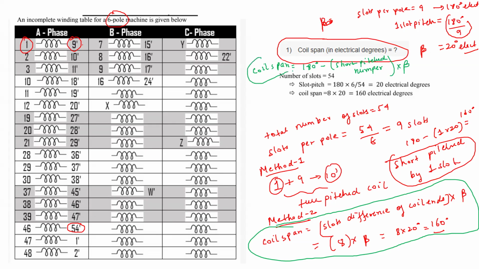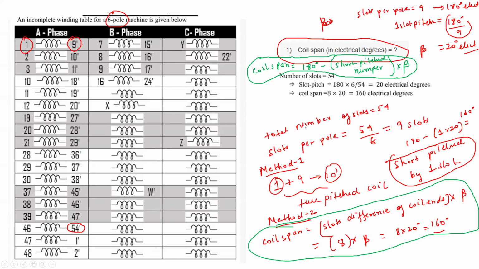So in this way also you can find, okay? Suppose they have given you information that it is short pitched by one slot, not coil, short pitched by one slot. So 180 minus 1 into beta, like this you can find.